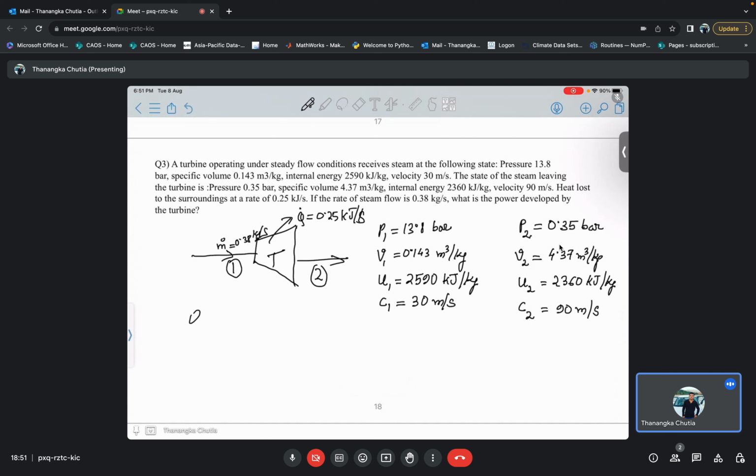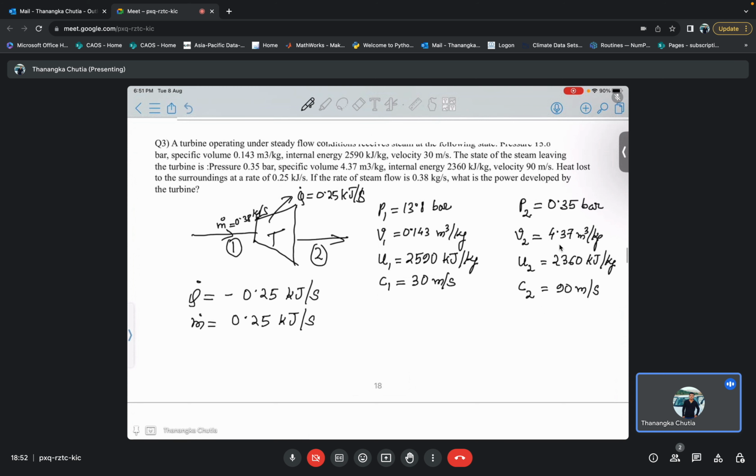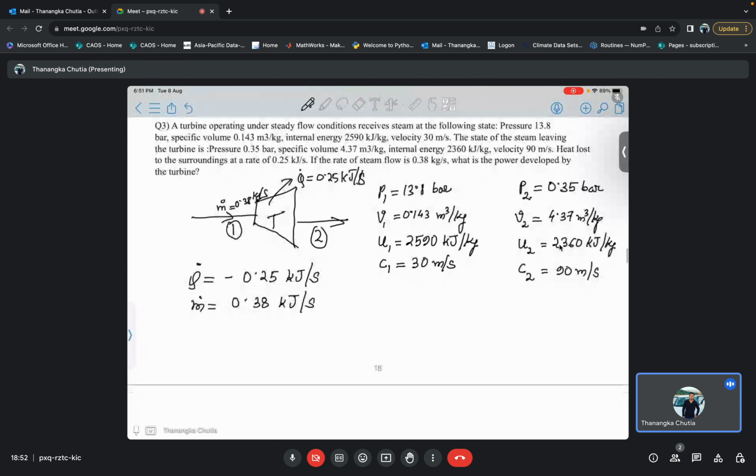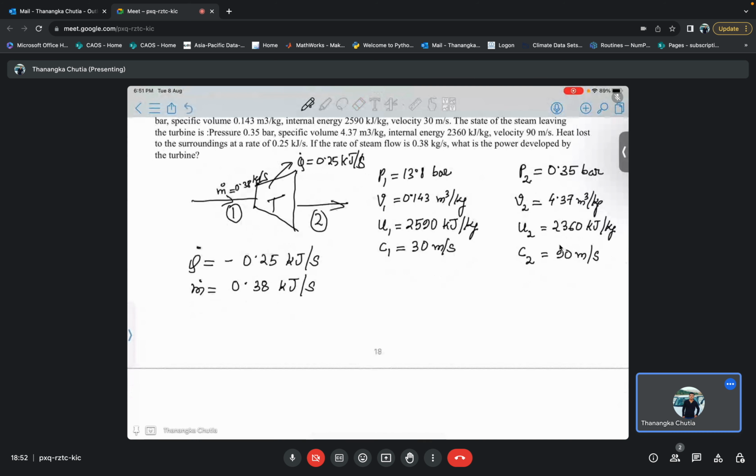So Q dot is given as minus 0.25 kilojoule per second, the minus because the heat is getting rejected, and your mass flow rate of the steam is 0.38 kg per second. So these are your given parameters. Then we have to calculate the power produced by the turbine. I'll give you 1 or 2 minutes to solve, and then I will solve the question.